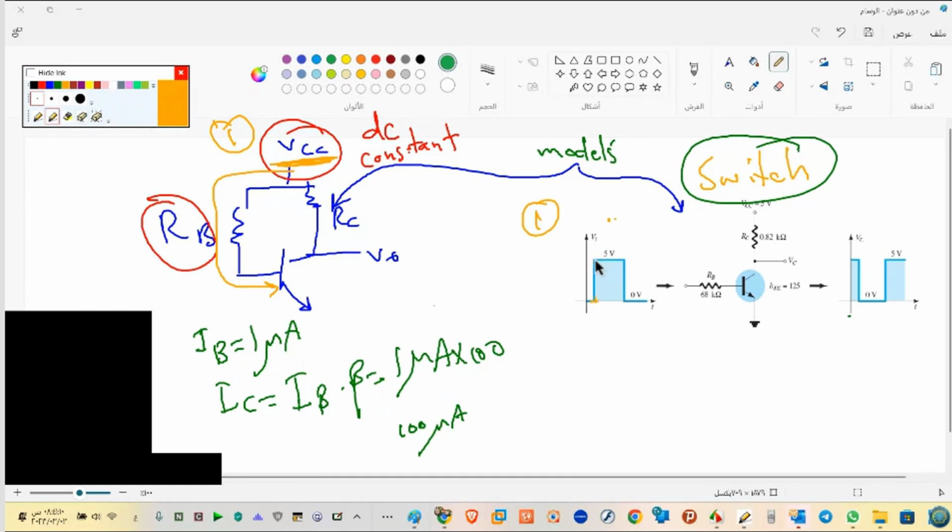See, here I have 5 volt. I will see the output 5 volt here, and this is my transistor. I have 5 volt here.